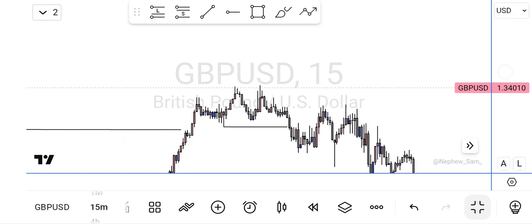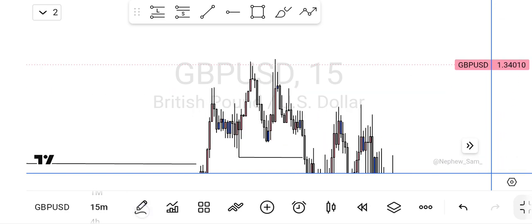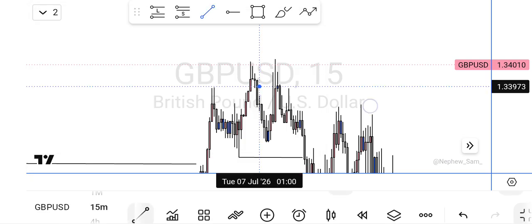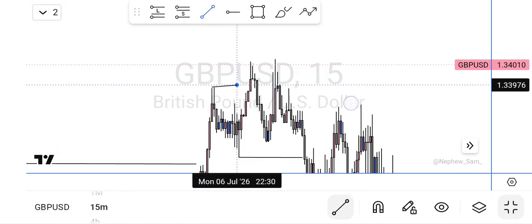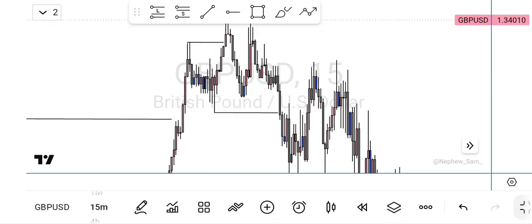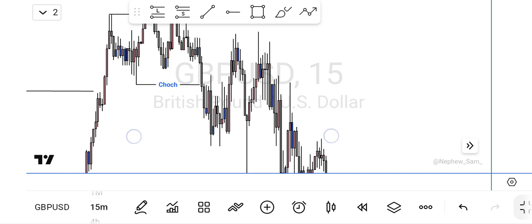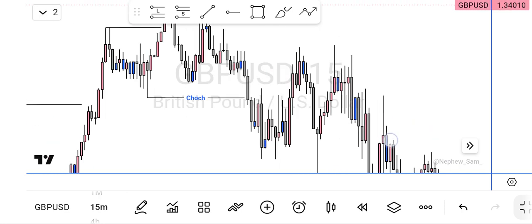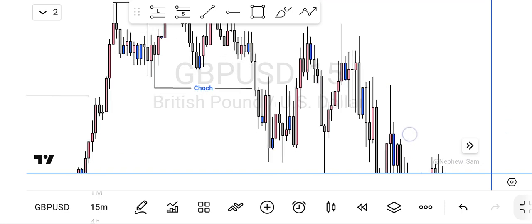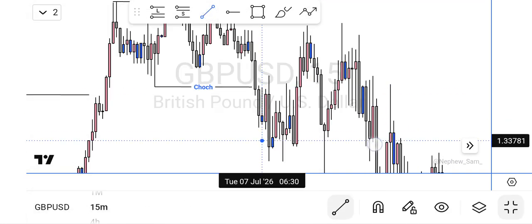You can see that if I zoom it out, we have a break of structure here, a 15 minutes break of structure right here. So this one is going to be our change of character. Then according to the logic of pullback, which I taught you, this is a valid pullback.